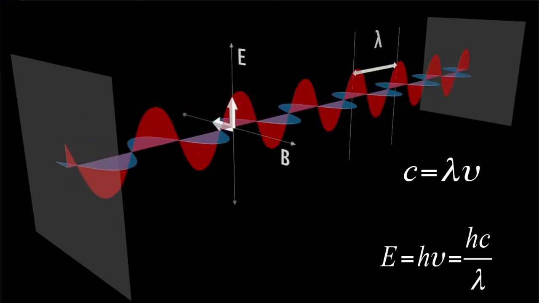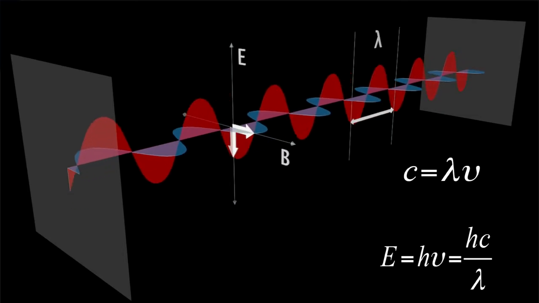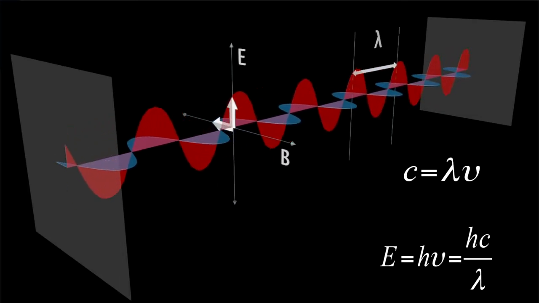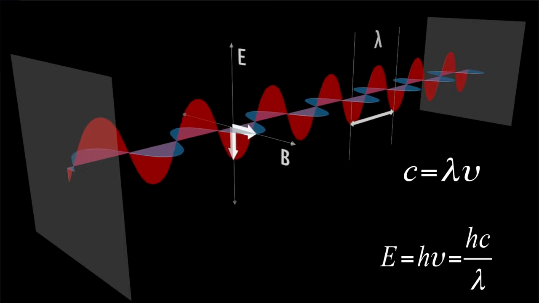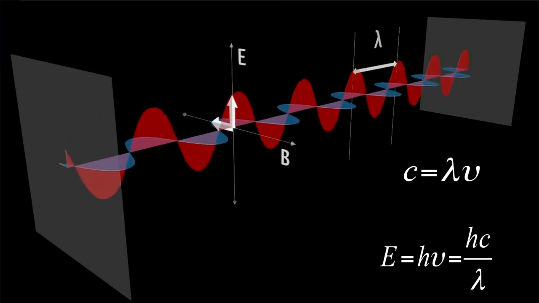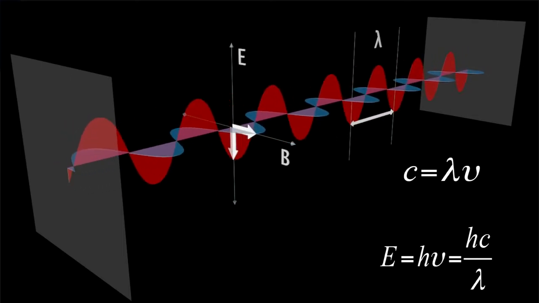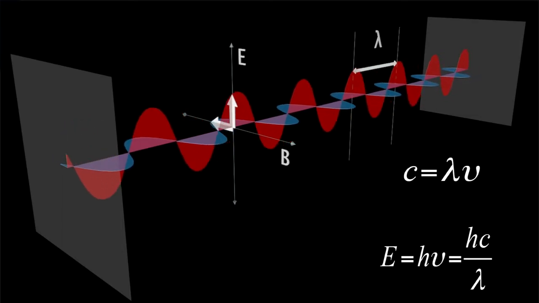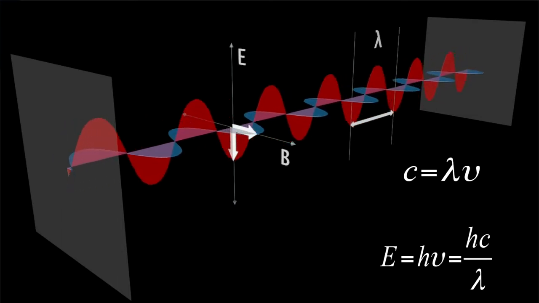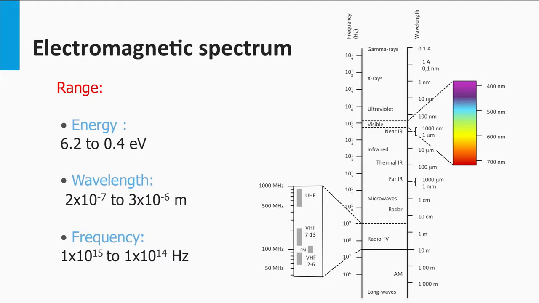As the frequency equals the velocity of light divided by the wavelength, the photon energy can also be expressed in terms of wavelength. It is equal to the product of the Planck constant and the velocity of light, divided by the wavelength.